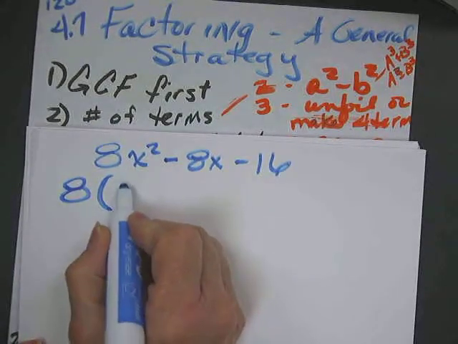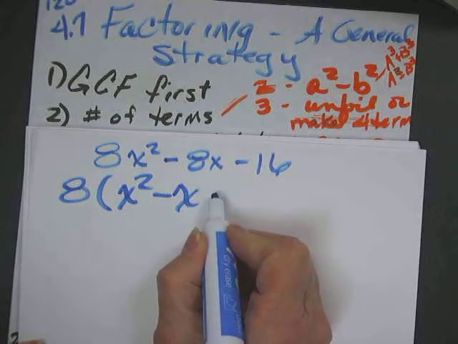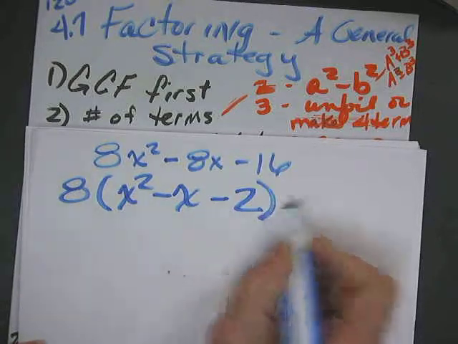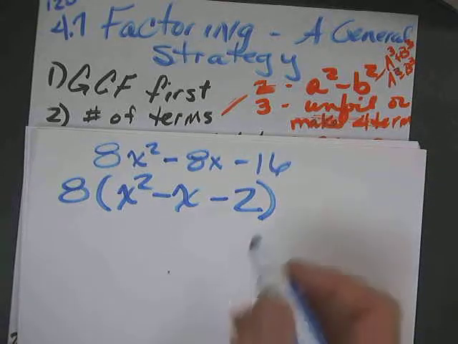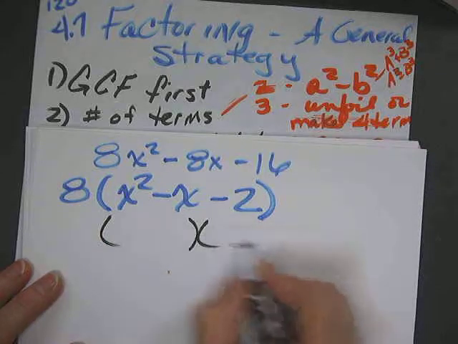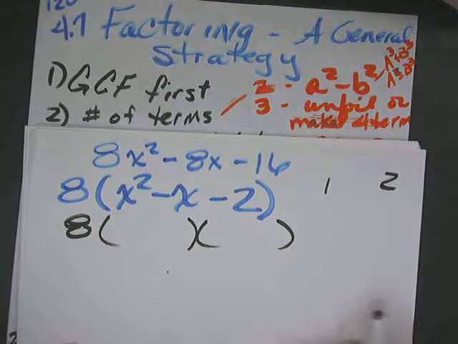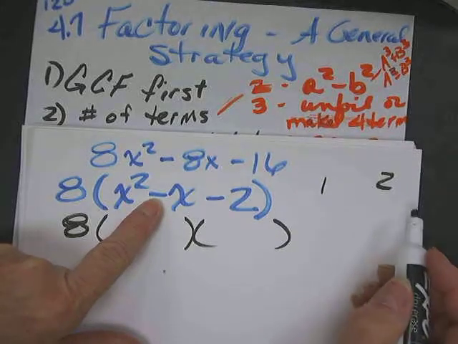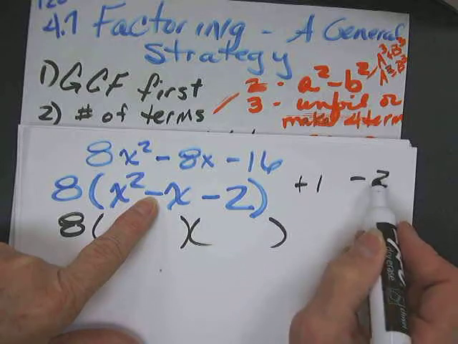Okay, that is in descending order. Is there a common factor? What is it? 8. Okay. I keep moving things up and down, sorry. So now we have x squared minus x minus 2. Is everybody seeing that?